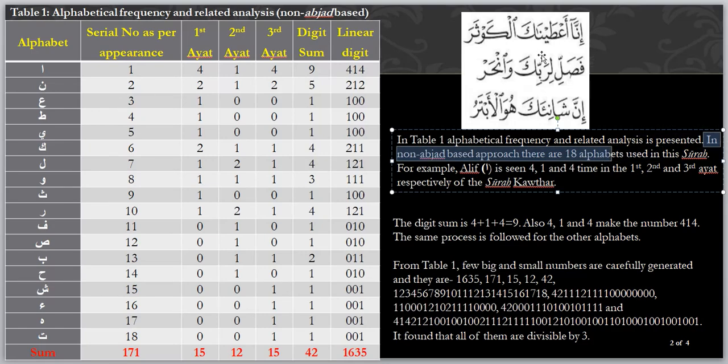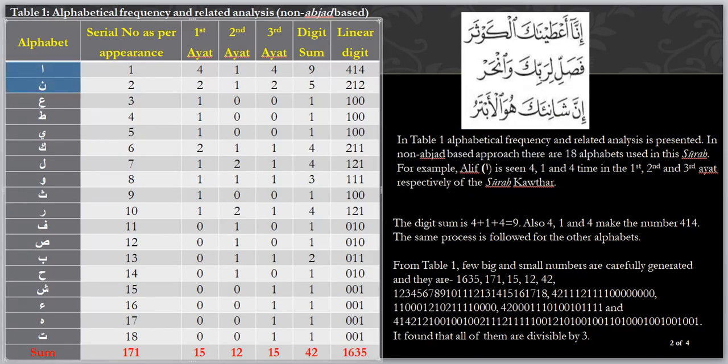That means if we count the number of alphabets used in Surah Al-Kawthar, we will get 18 in the non-abjad approach. But in the Abjad approach, since Alif and Hamza are the same, there are actually 17 alphabets found.